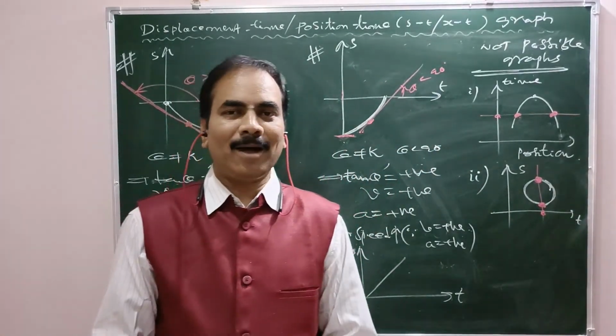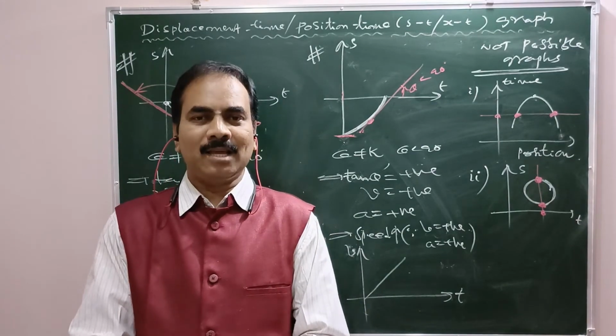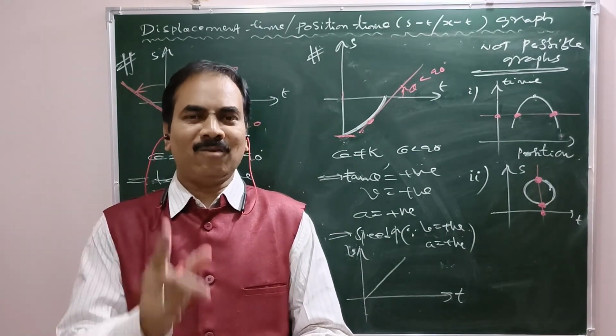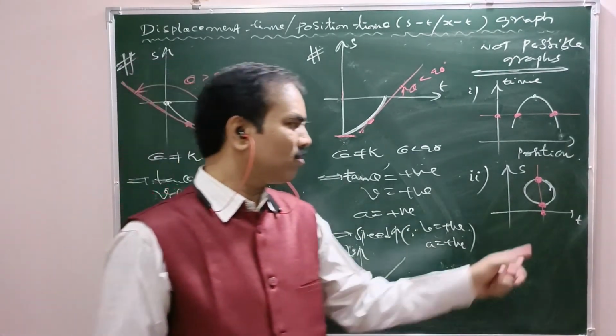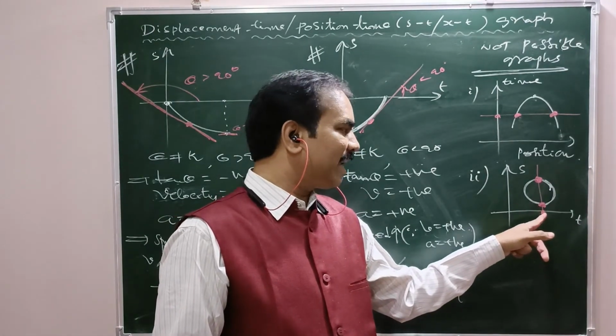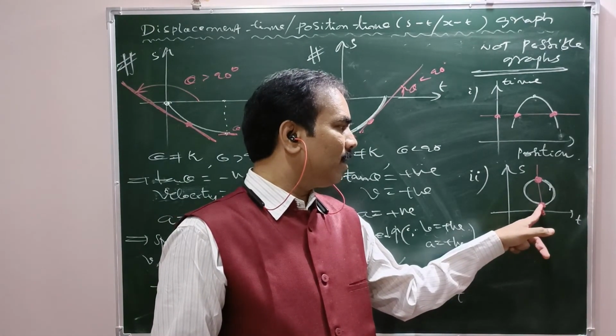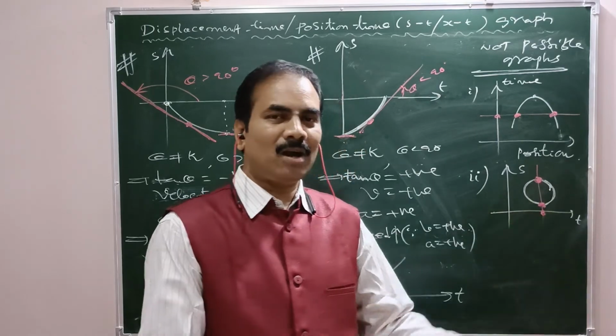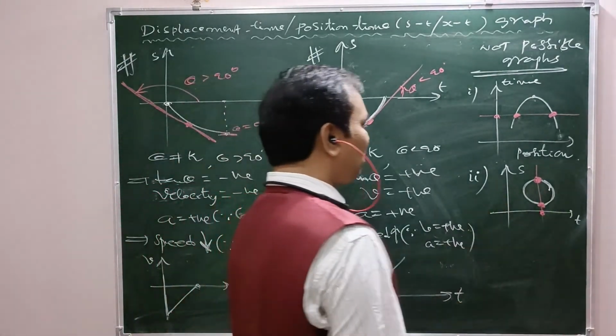At a given instant, a particle can remain at one position only. So this graph is also not possible.